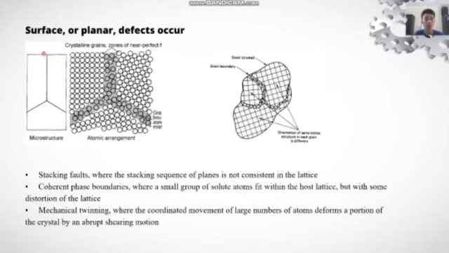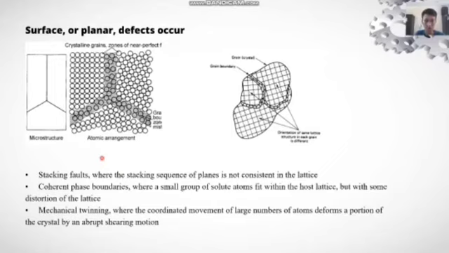Next, surface or planar defects occur. This is the picture of the microstructure, this atomic arrangement. Whenever the crystalline structure of a metal is discontinuous across a plane, surface defects extend in two directions over a relatively large surface with a thickness of only one or two lattice parameters.